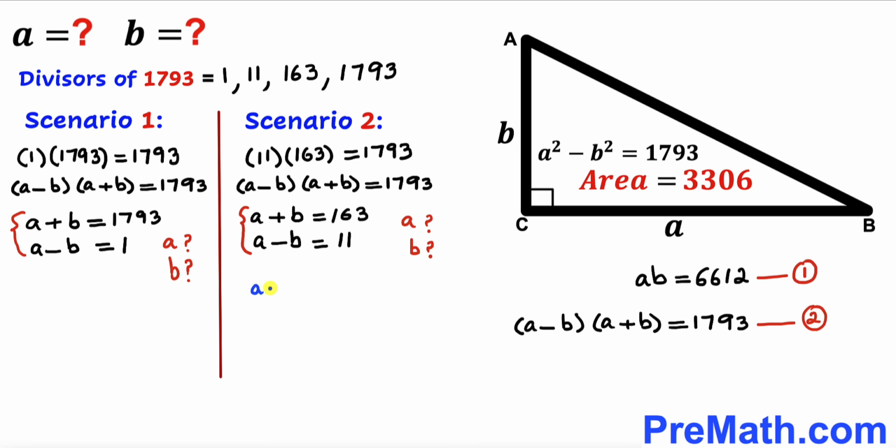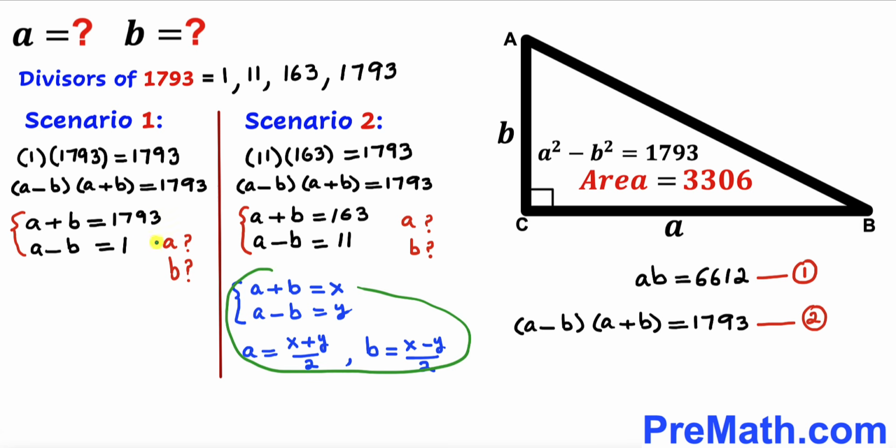If a plus b equals x and a minus b equals y, then the a value is x plus y divided by 2, and the b value is x minus y divided by 2. We are going to apply this concept to both of these scenarios.